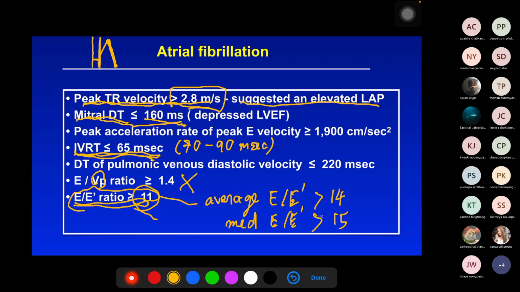We have to use many parameters and look at the overall picture to conclude whether this patient has elevated LV filling pressure or not.